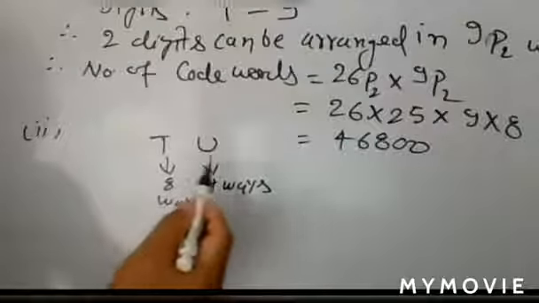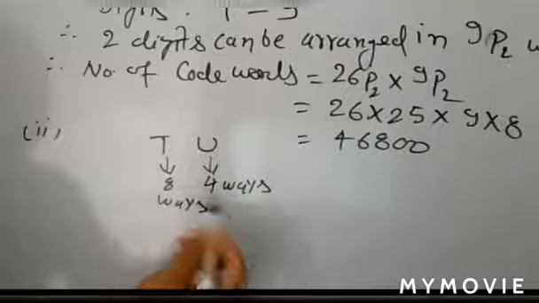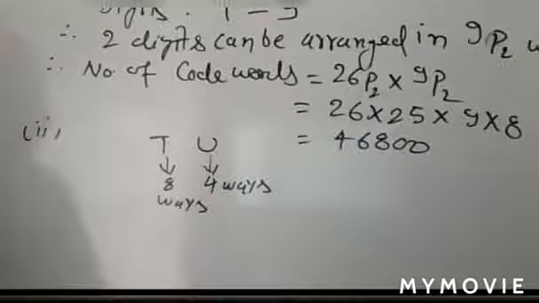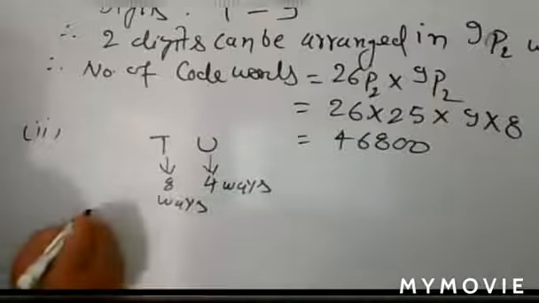So the even integers are formed by multiplying these two, which gives 32 ways. Understand? So you can write it in this way.